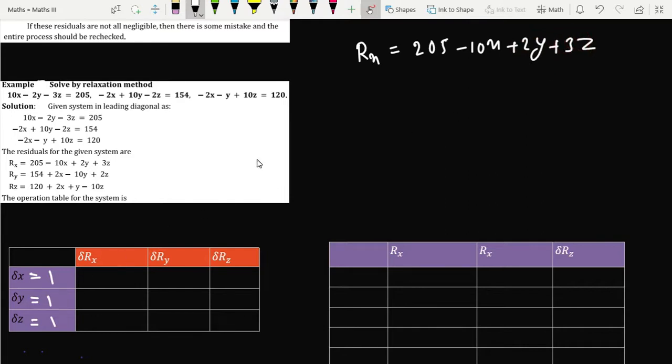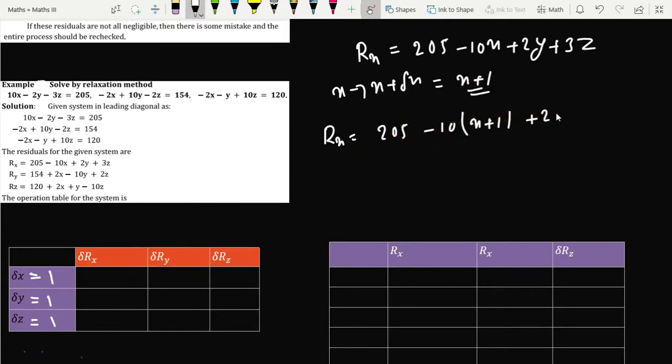Now change x to x plus 1. So we get Rx is equal to 205 minus 10 into (x plus 1) plus 2y plus 3z, which is equal to 205.